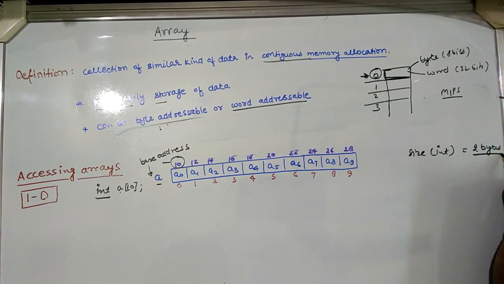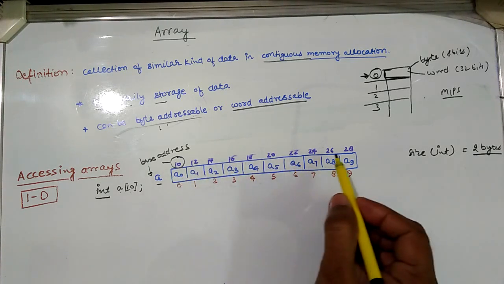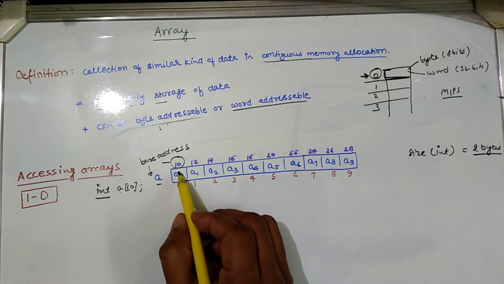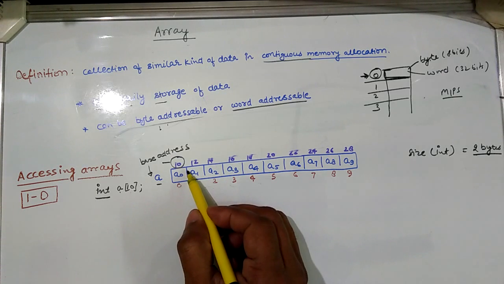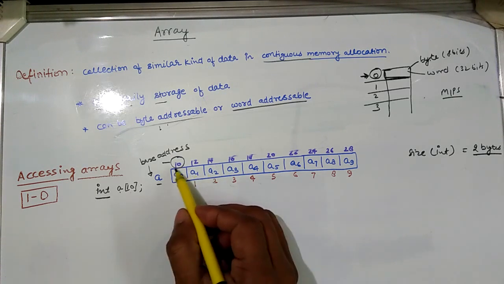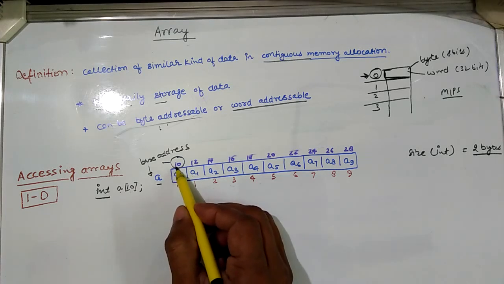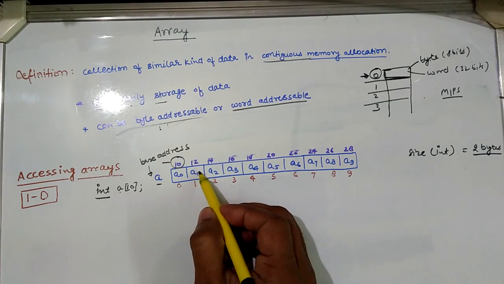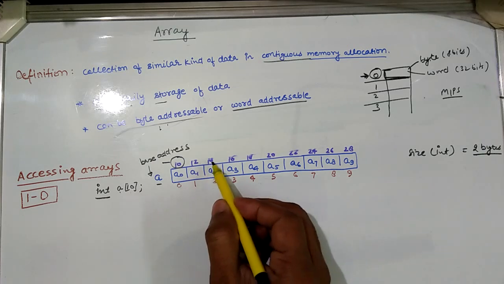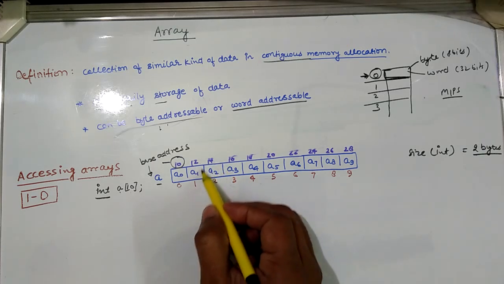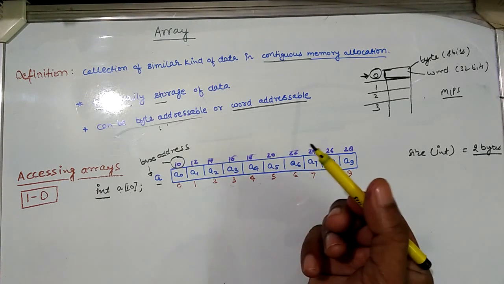So according to the block size, which is 2 bytes, I allocate some numbering above the array, and these numbers are nothing but the starting address of each block. If the A0 block has a starting address of 10, then the starting address of the A1 block is 12. Similarly, I add 2 bytes to each block so that the starting address of the next block can be achieved.